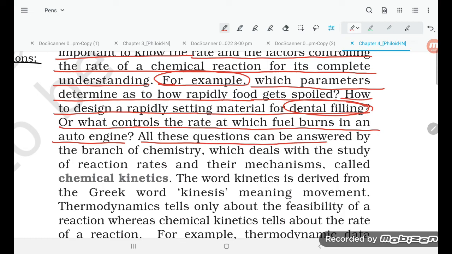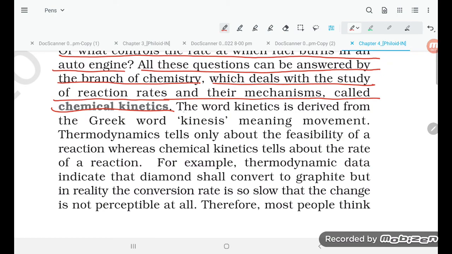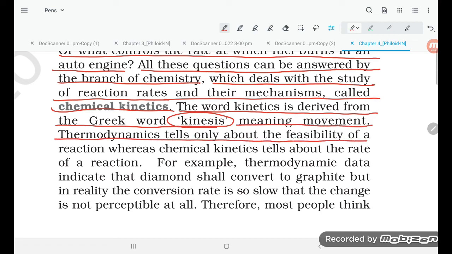All these questions can be answered by the branch of chemistry which deals with the study of reaction rates and their mechanism, called chemical kinetics. The word kinetics is derived from the Greek word kinesis, meaning movement. Thermodynamics tells only about the feasibility of a reaction, whereas chemical kinetics tells about the rate of reaction.